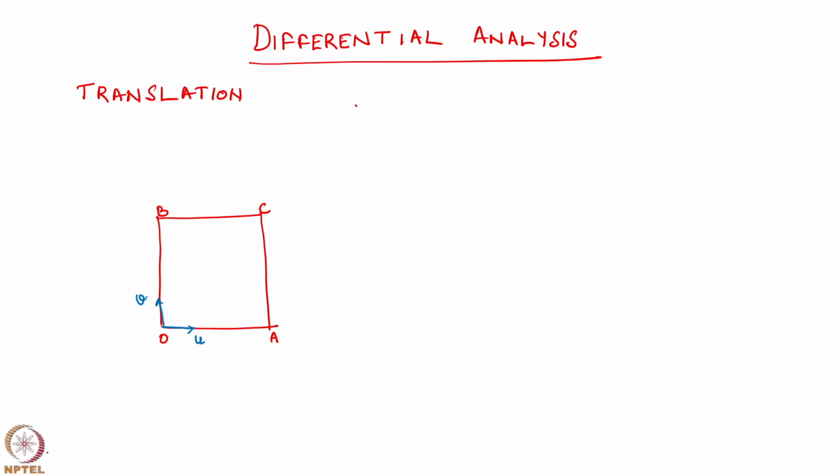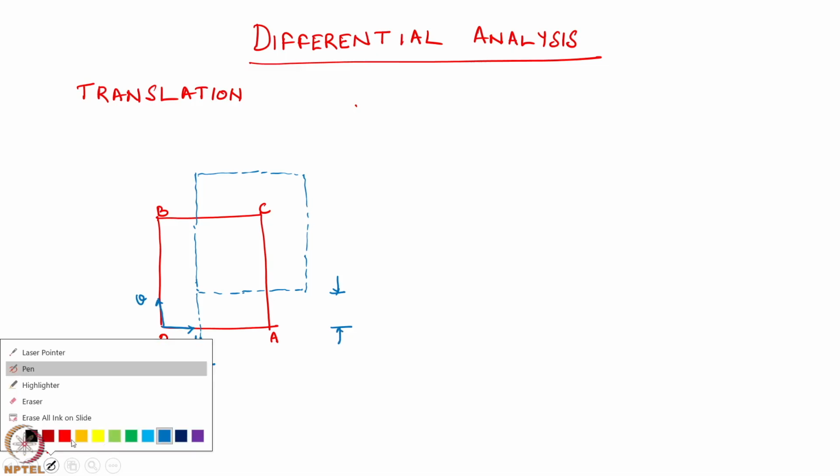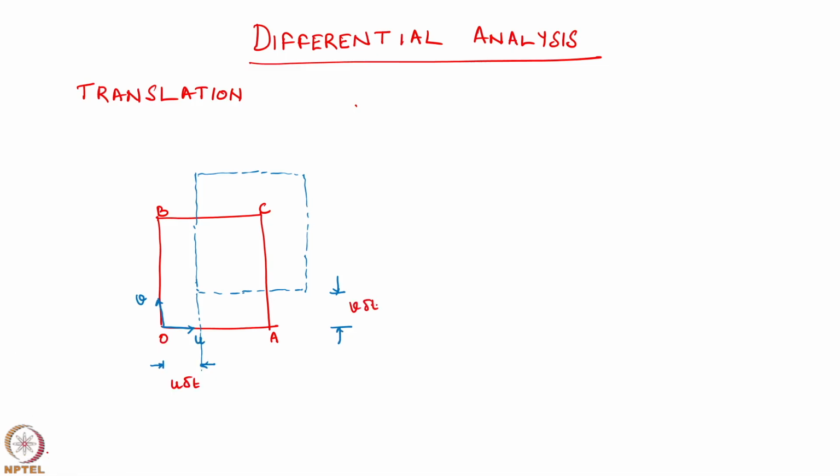After time delta t, it translates and reaches a new location without undergoing any deformation. The distance it has travelled in x is u delta t. Similarly, the distance it has travelled in y is v delta t.